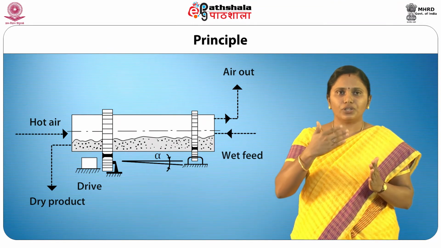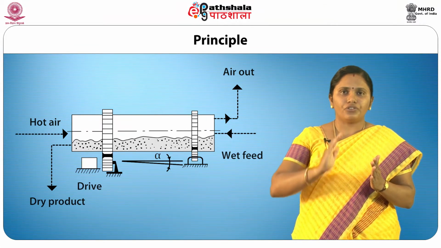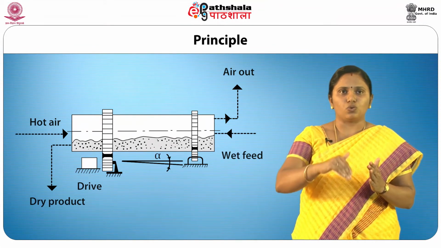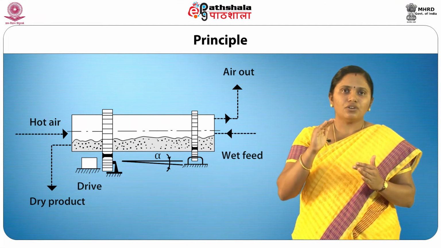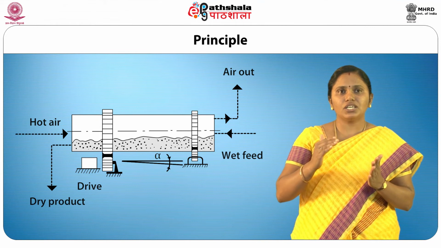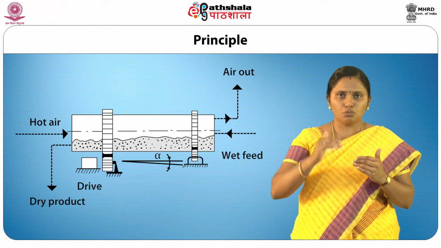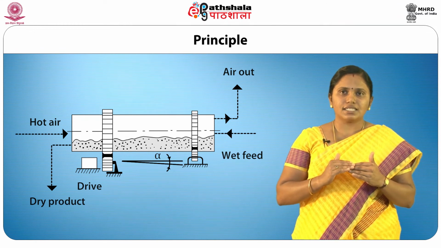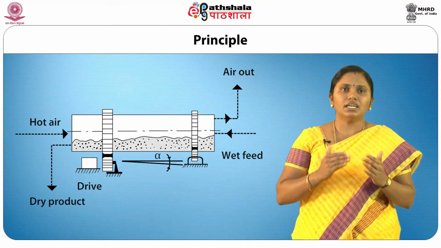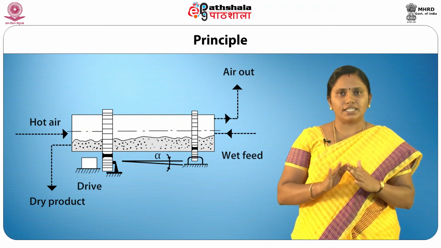As the drum rotates, the flights lift the material to the top from where it tumbles down. Hot air flows at the bottom end upwards, whereas the material flows countercurrently from the upper side to the bottom side. Thus, the material is heated by direct contact with hot air by convective heating.